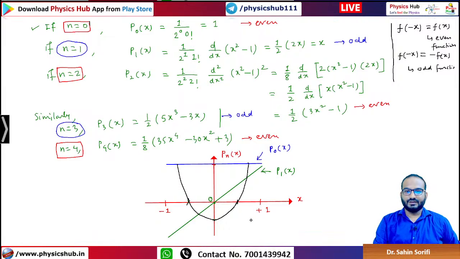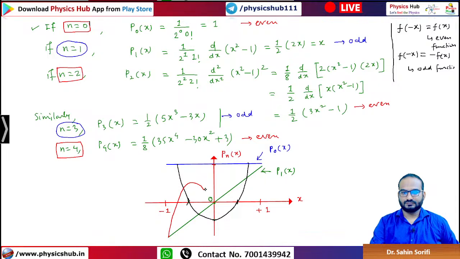Now you can also plot the third function. It will be something like this. Roughly it will go like this, cutting at origin.